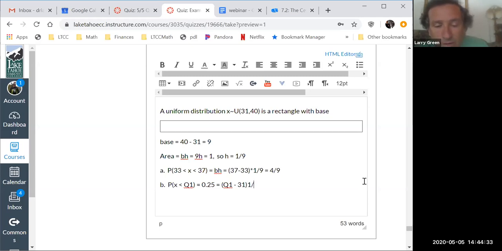The height is 1 over 9. Put a times there. And now we do algebra. Multiply by 9. So 9 times 0.25, which, by the way, I like to look at it, hey, if I have 9 quarters in my hand, I got $2.25. So 2.25 is equal to Q1 minus 31.